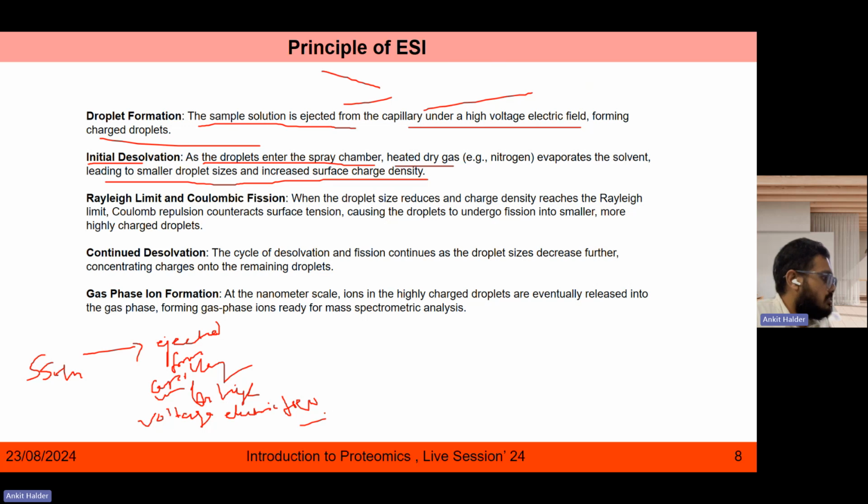So the sample solution which is ejected from the capillary under the high voltage electric field forms charged droplets. So it is producing charge.